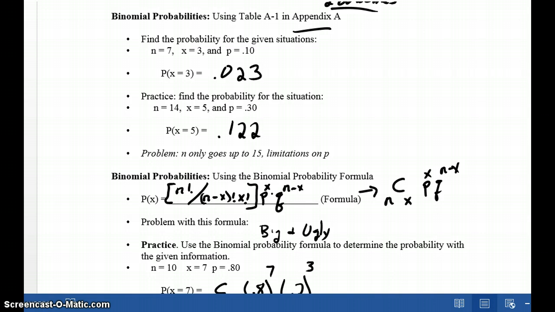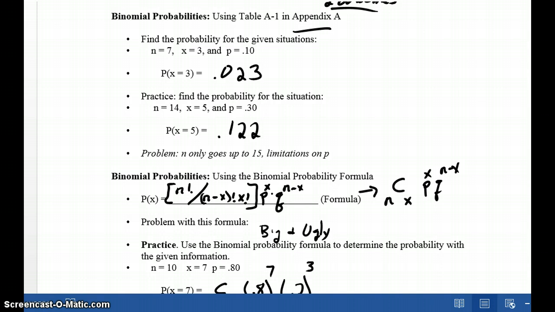Across the top, you'll see the various probabilities. Find where p is 0.10. Find where the row and column cross, and you'll see that the probability of getting 3 successes out of 7 trials with a probability of 10% is exactly 0.023.